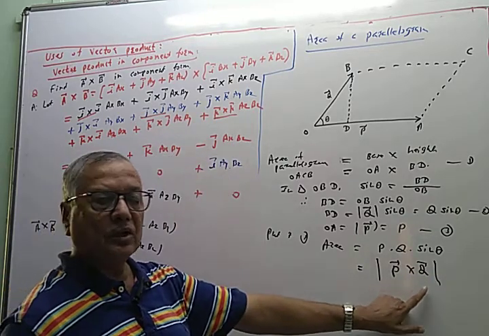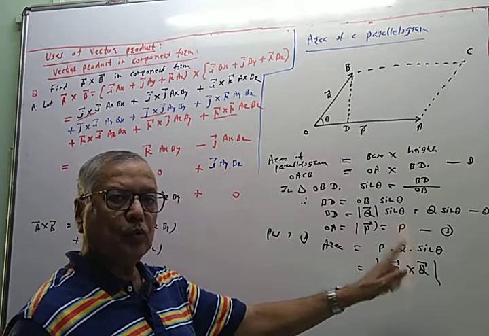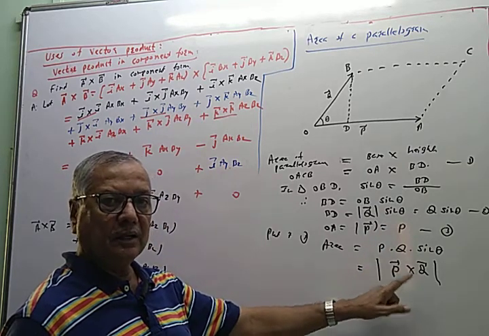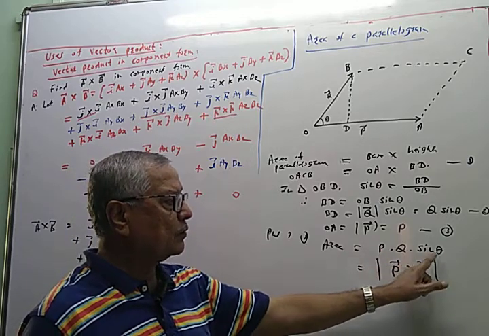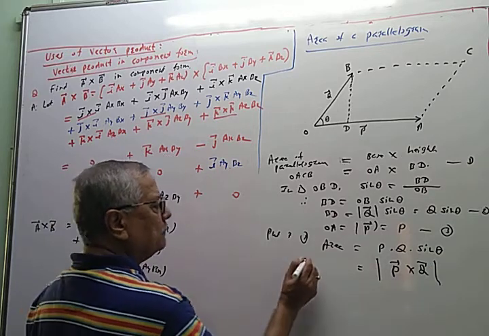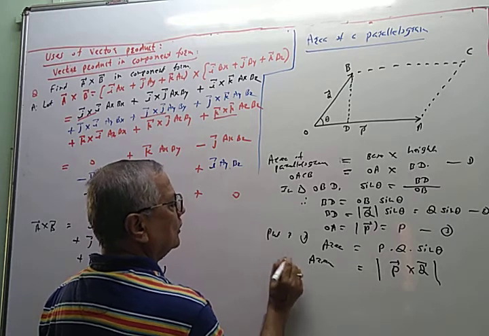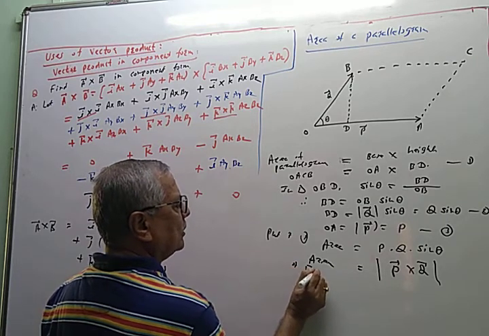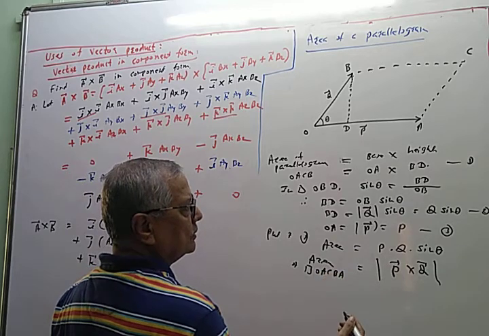So in the definition of vector product, the first point was this: the vector product of two non-zero vectors is a new vector whose magnitude is given by the product of their magnitude and sine of smaller angle between them. So area of the parallelogram OACB is equal to this.